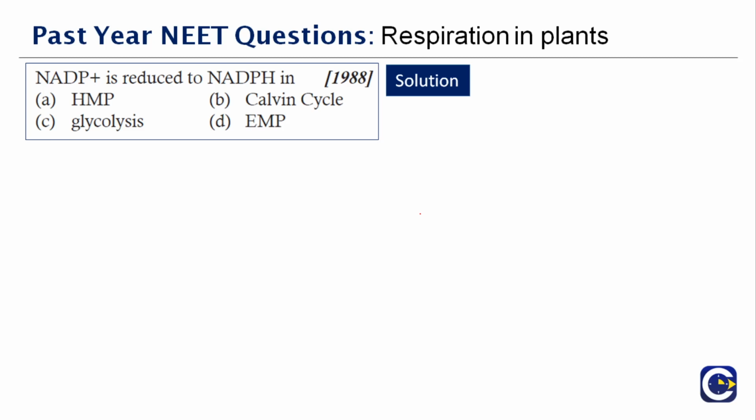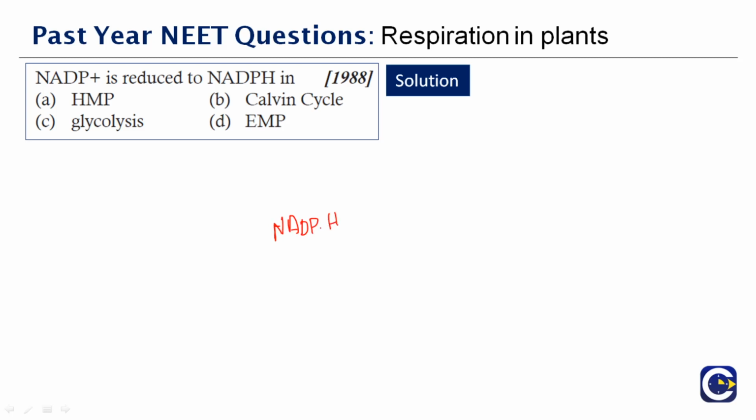What is the full form of HMP? We call it HMP shunt. It's a pentose phosphate pathway. It is a metabolic pathway that is parallel to glycolysis. It will generate NADPH.